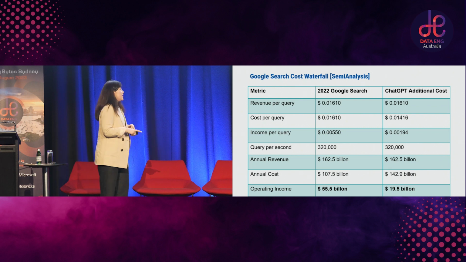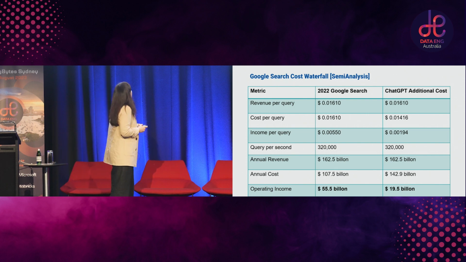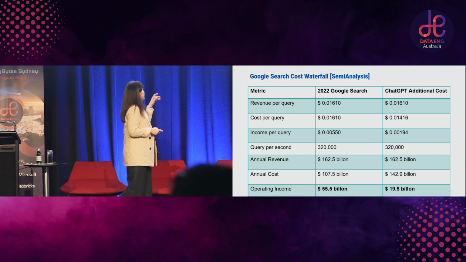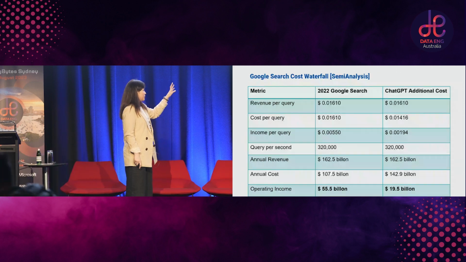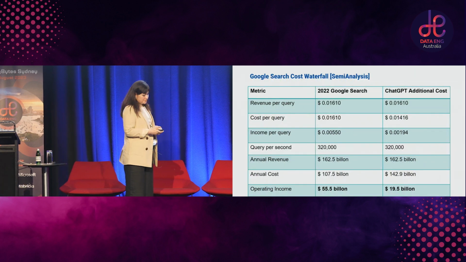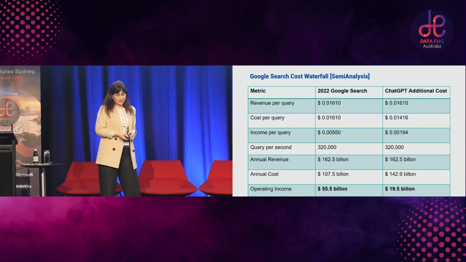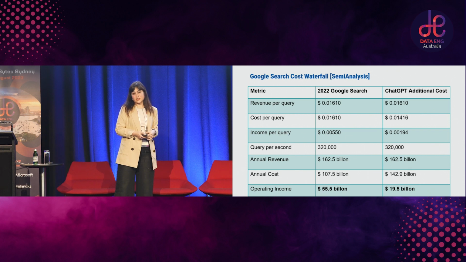Assuming Google has 320,000 queries per second, their operating income would see a reduction of $19.5 billion to their net income, basically a $36 billion reduction. So Google has a very decent argument not to integrate ChatGPT in their Google product and to host their own model.